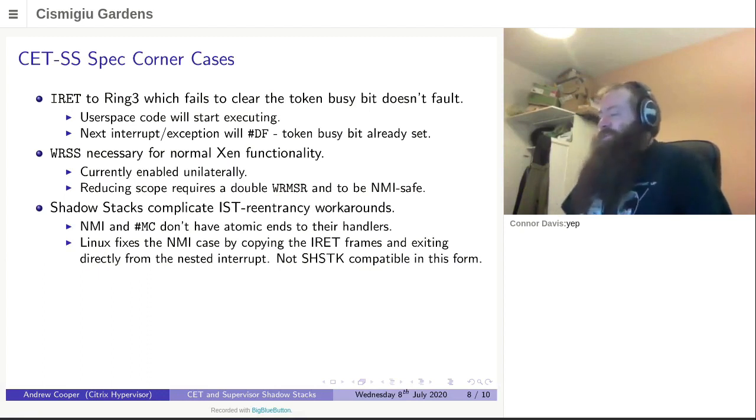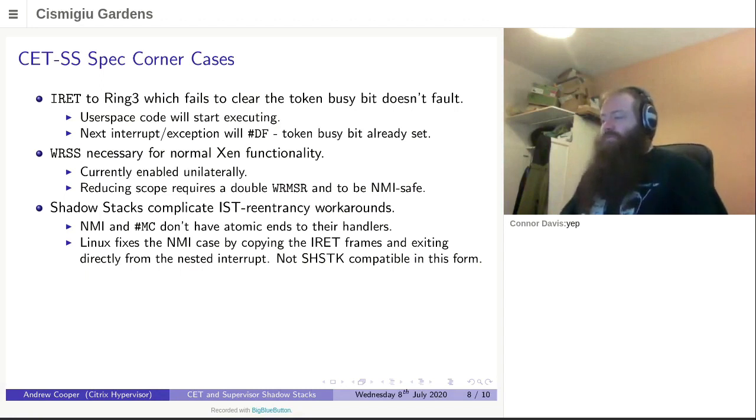Another often overlooked part of x86 is that the interrupt stack table mechanisms do not work with reentrancy. Both the NMI and the machine check handler do not have atomic ends to their handlers, and in Xen we just blindly assume it never happens, and this is probably bad, and we should do something to fix that.